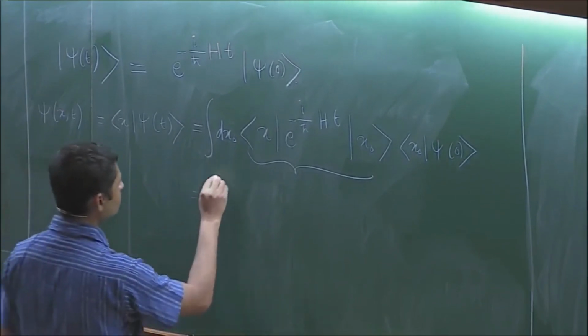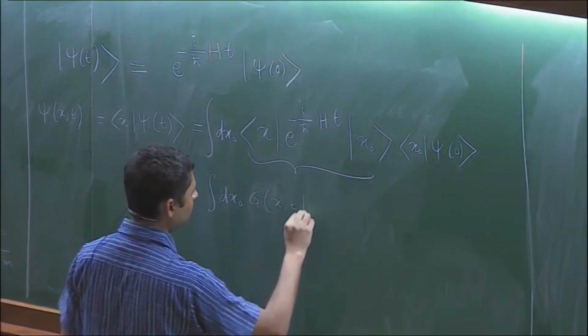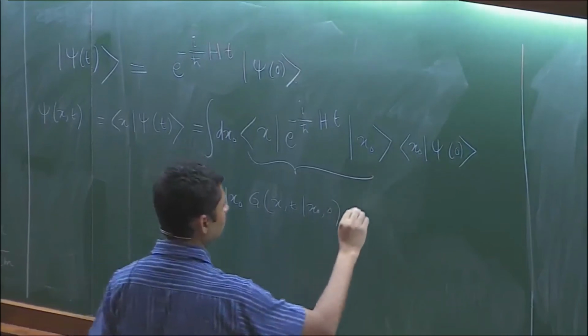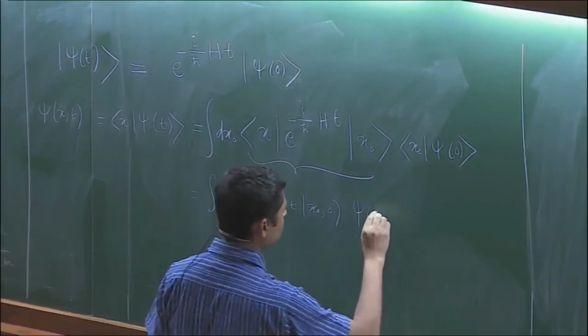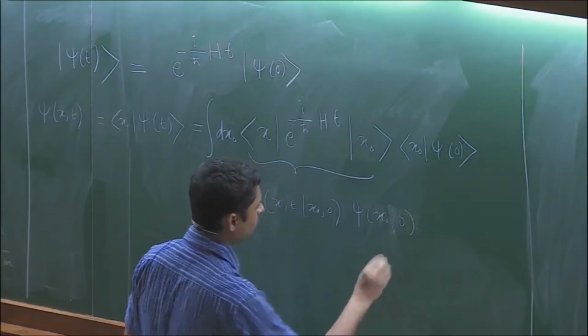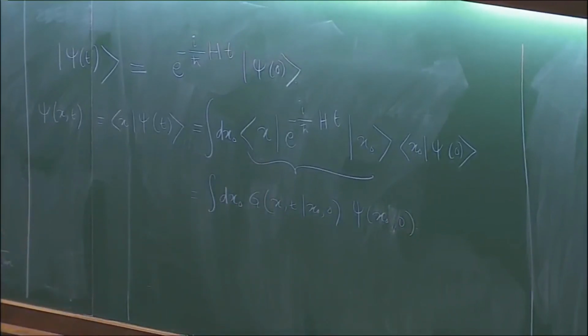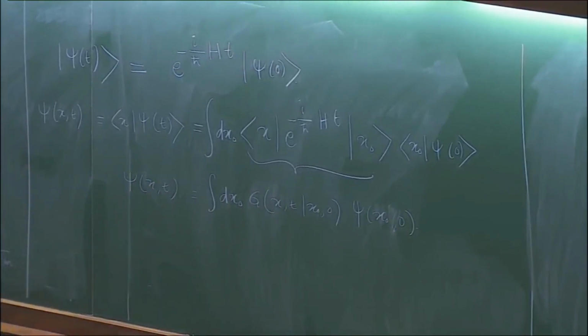So this one is, let's call it x t, x0, 0, and this we call psi of 0, psi of x0. It's exactly the same as this equation.